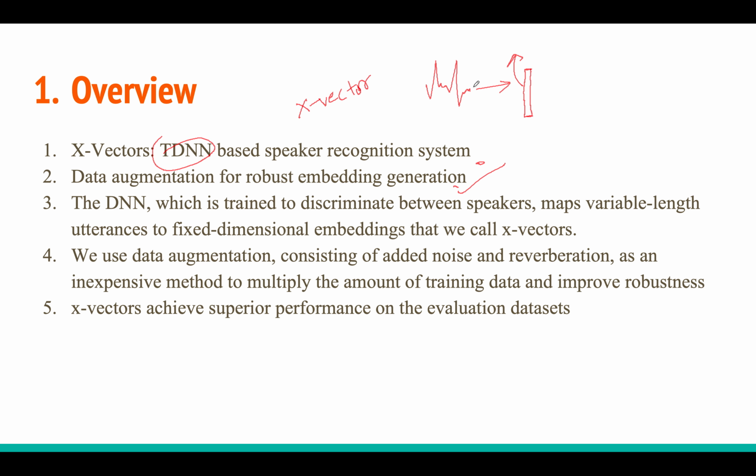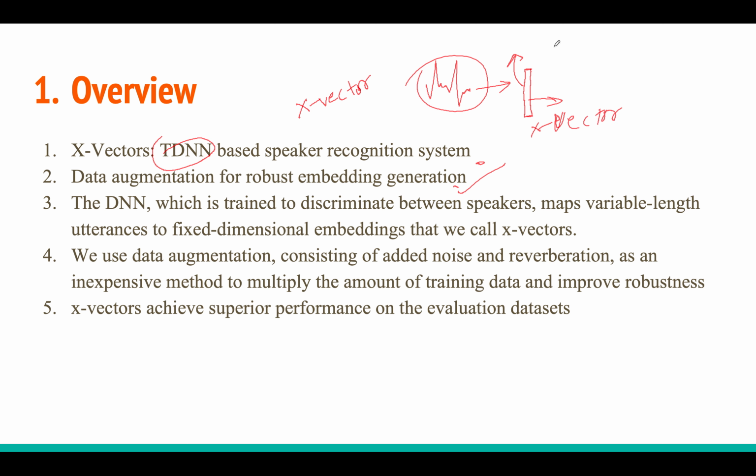There are other systems called D-vector or even I-vector. Those systems also get you a fixed dimensional embedding or fixed dimensional vector for a variable length utterance, but this is more robust. We'll see why it is robust compared to those. Whenever they take this variable length audio and convert it into a vector, they call this vector an X-Vector.